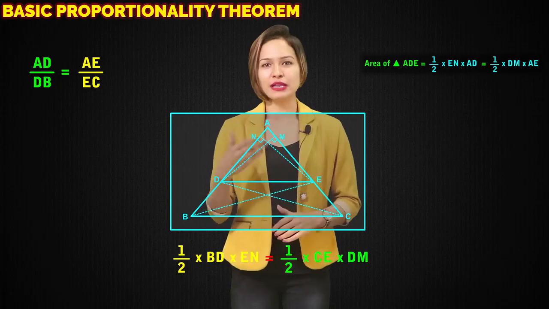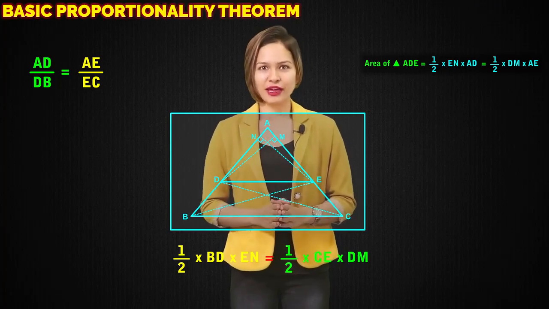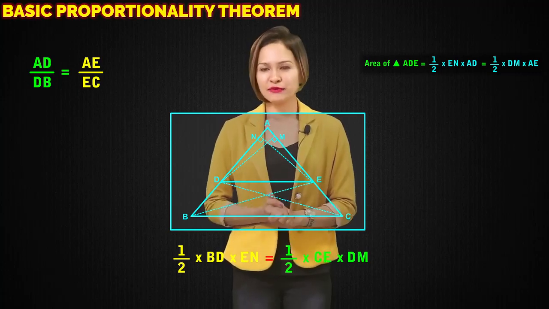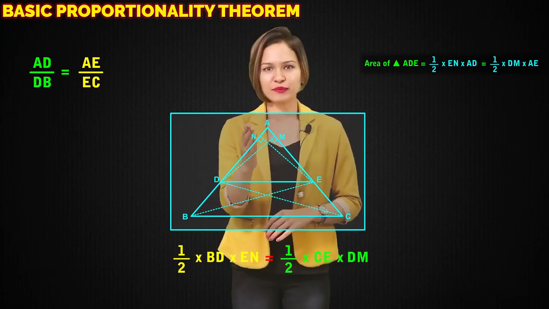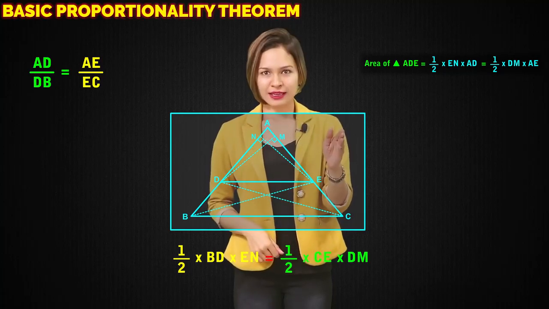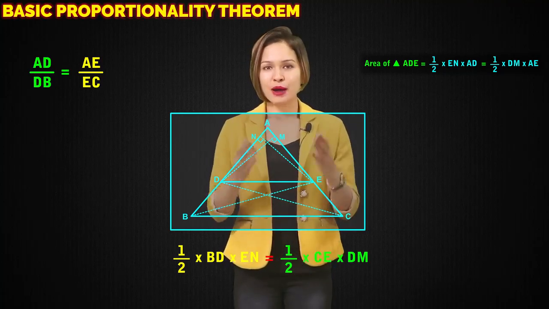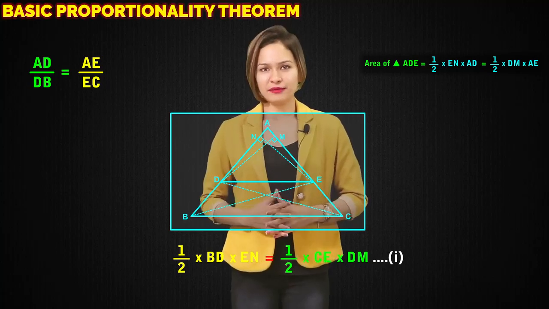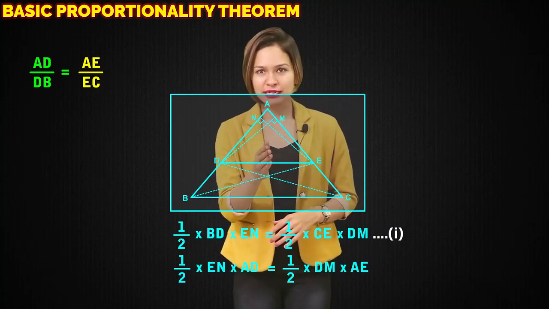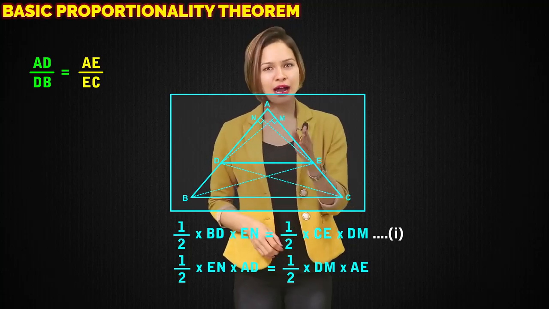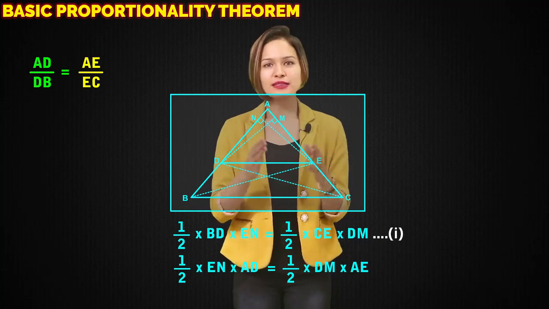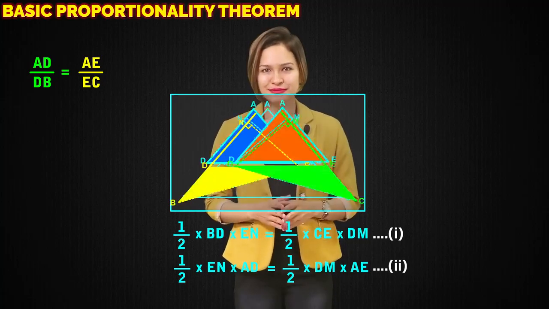Area of triangle BDE is equal to area of triangle CDE. Now we have half into DB into EN equal to half into CE into DM. Mark this as equation 1. And half into EN into AD is equal to half into DM into AE. Mark this as equation 2.